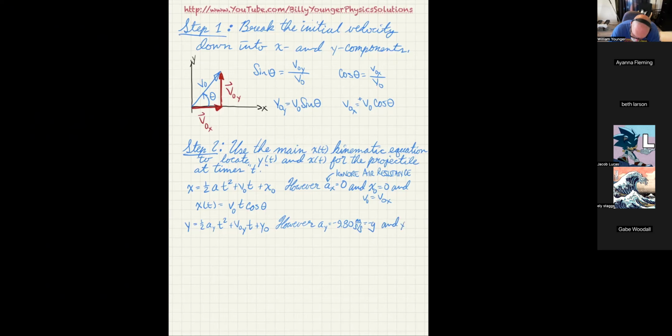And y0 is equal to 0. And v0y is equal to v0 sine theta. So what I'm going to get for this one is y of t is equal to negative 1/2 gt squared plus v0t sine theta.